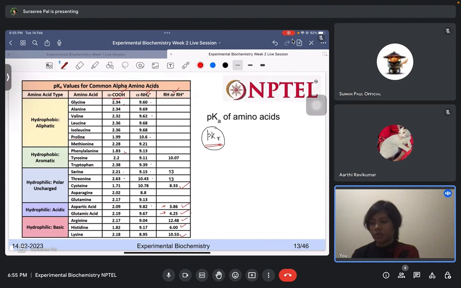For example, arginine 12.48, lysine 10.53, but histidine has a lower pKa of the R group because of the particular structure of histidine, if you remember. So it tends to lose its proton at a lower pH, approximately 6. The pKr of histidine is 6. So these are the few amino acids which also have a pKr value, or the pKa of the R group, which also comes into consideration when we are titrating these amino acids, right?